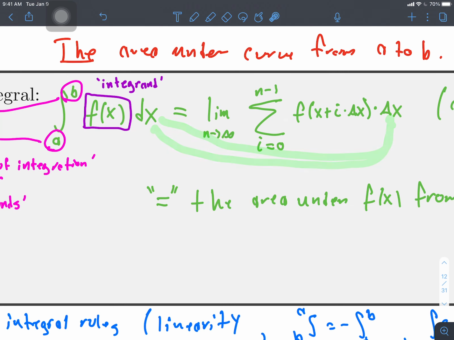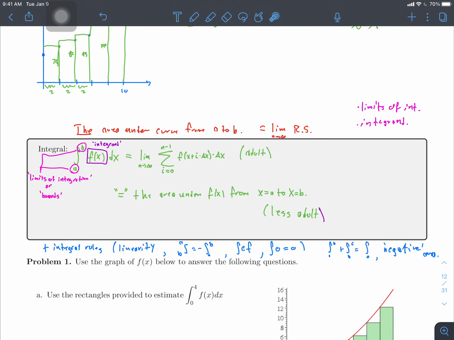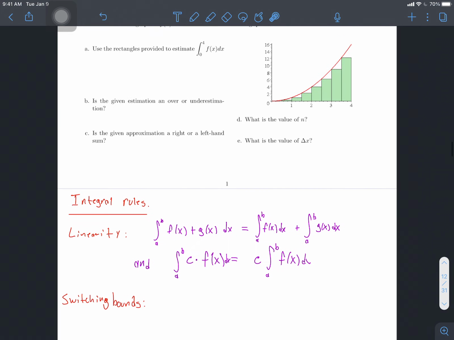And that kind of symbolizes an infinitesimally thin rectangle whose height is f of x and whose width is little dx, which is what we use to describe an extremely small length, basically. Well, you can think of it as an extremely small length.